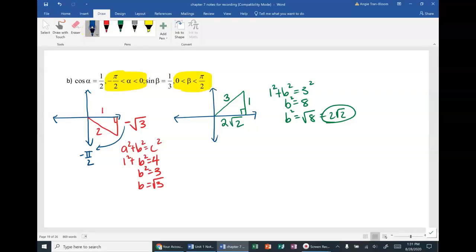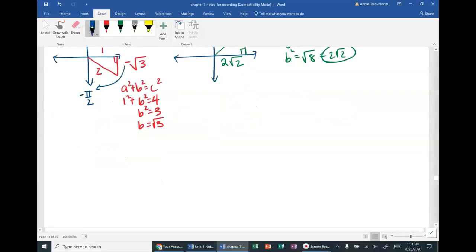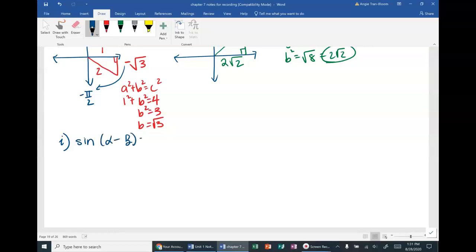Okay, so let's move on to 1i, which, as you remember, was sine of alpha minus beta. Can you do me a favor and write out the identity before we start? If you haven't done it, can you hit pause and do it?